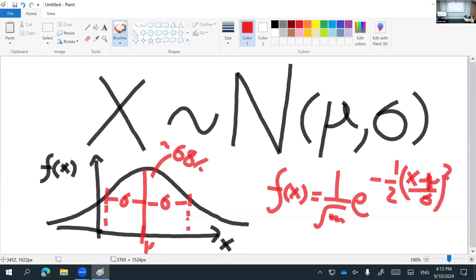Next week, my Mathematica should be fixed. You will see why this works. The point is, this is a mathematical equation. It has two parameters, mu and sigma.